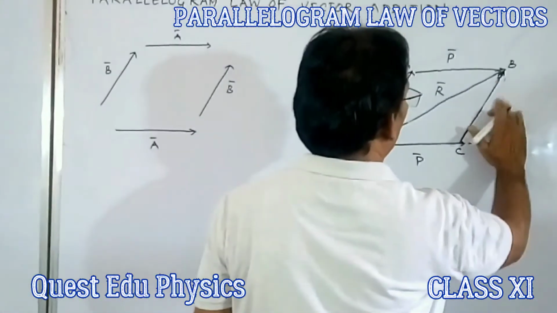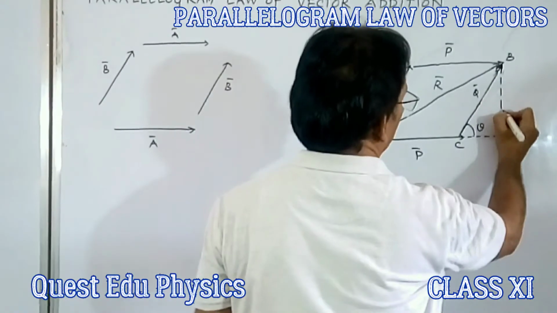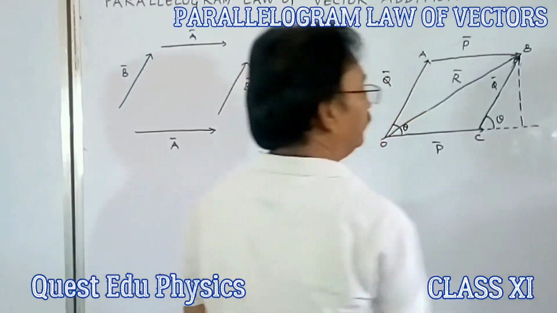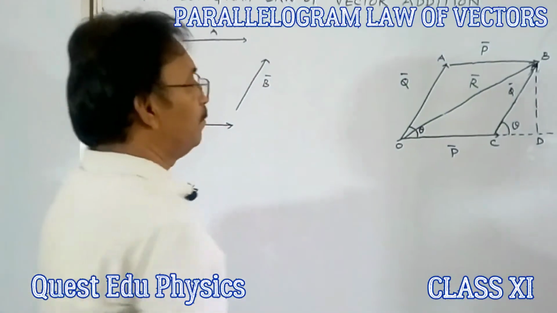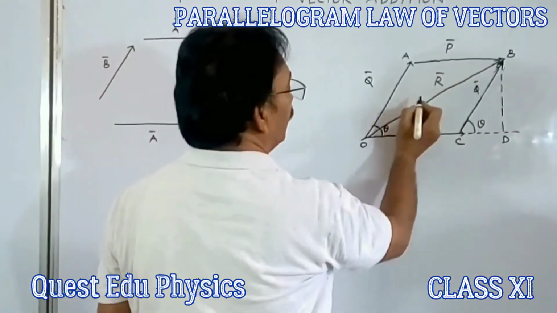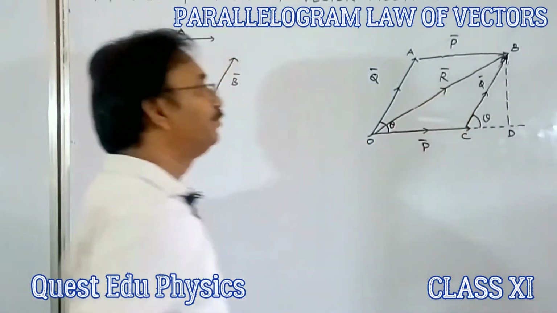Now see what I am doing: the q bar, I am dropping a normal from this point onto this. Let's say it is D. It's a vector p bar, it is q bar and it is r bar.